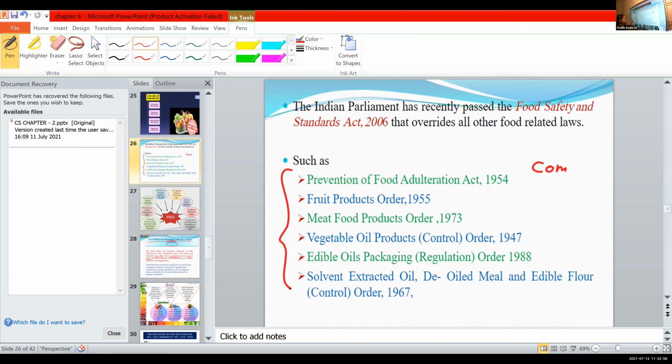Clear. All these orders or acts related to food come under the compulsory food standards.